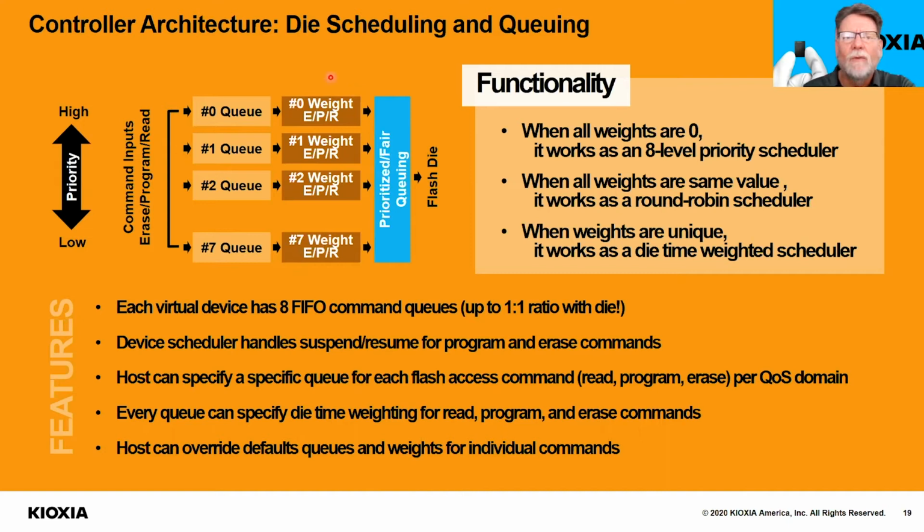And finally, when unique erase, program, and read weights are assigned on a per queue basis, it works as a die-time weighted scheduler. Should also note that even though there are 8 queues defined in the architecture, it is not necessary to use all 8 queues if your application does not need to.